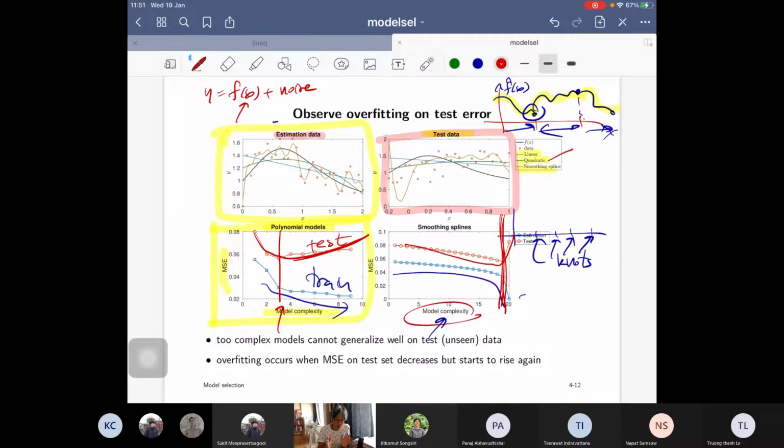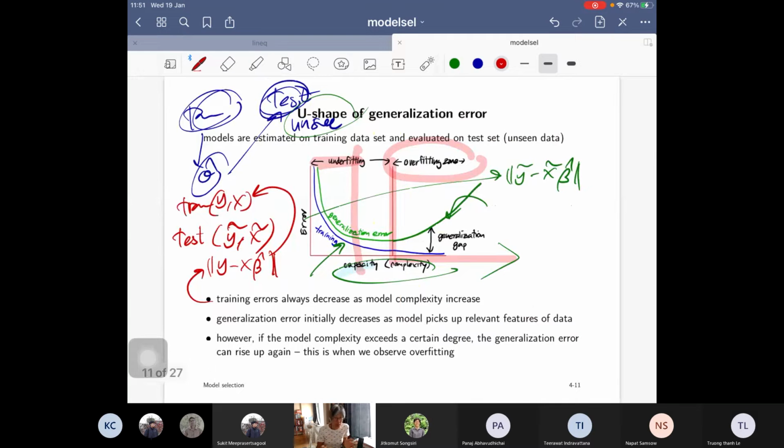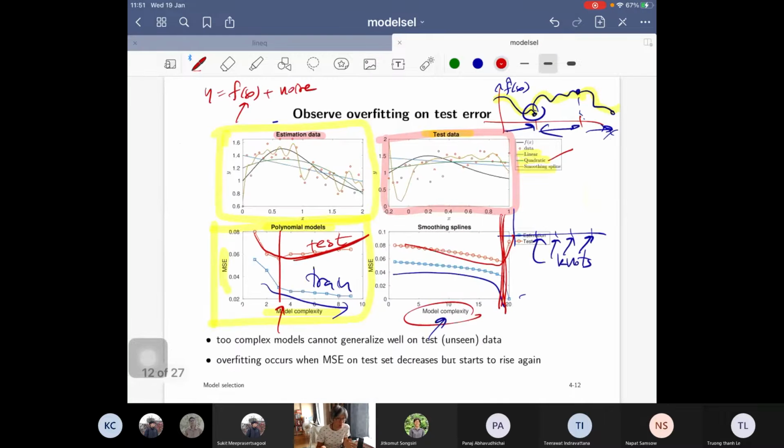For example, in terms of linear regression, maybe don't use all the predictors. Use only the relevant ones. If you use a neural network, maybe you don't need a deep learning model. Maybe you don't need 20 layers. Maybe you need fewer, right?